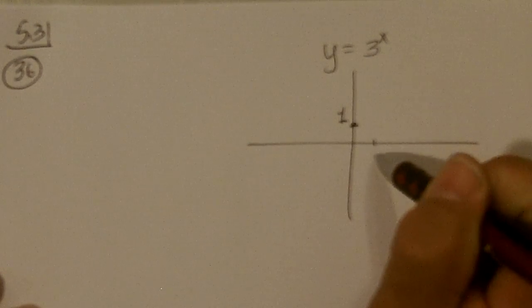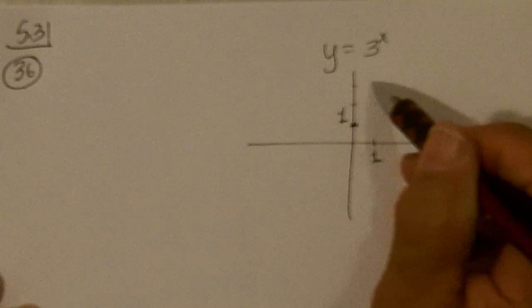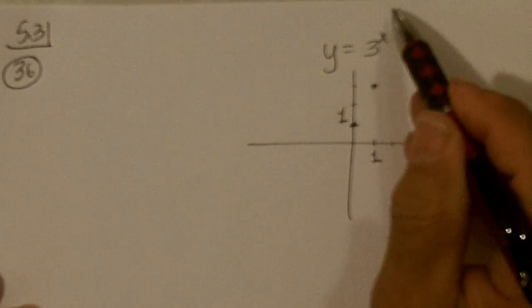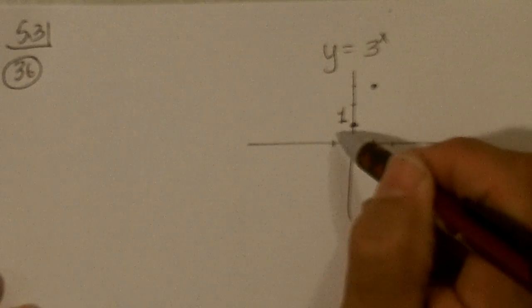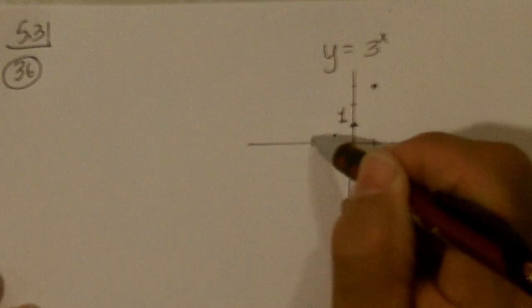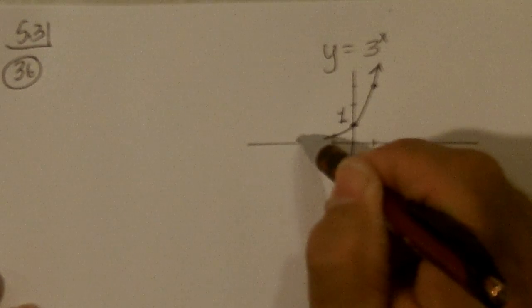If x is 1, 3 to the 1 is 3. And 3 to the 2 would be 9, up off the page. And if I go to the minus 1, that would be 1/3. Minus 2 would be 1/9. And so we've got a curve that looks like this.